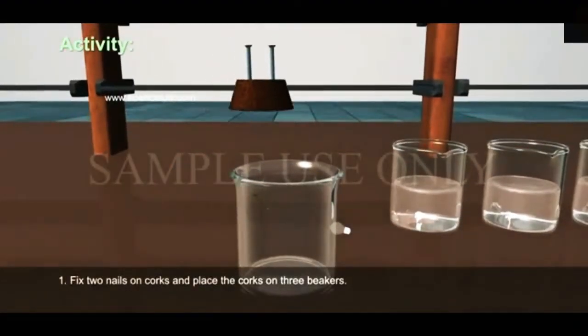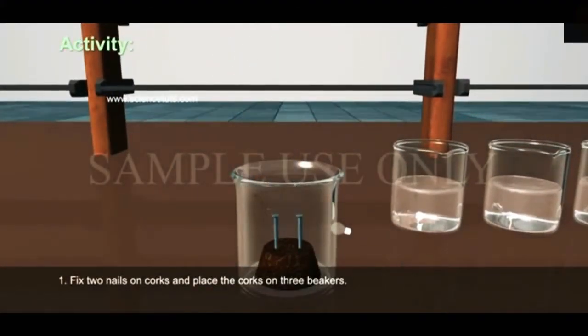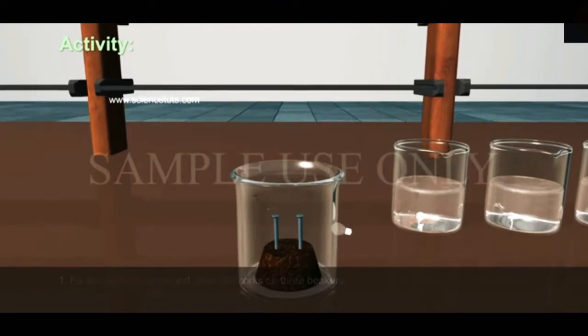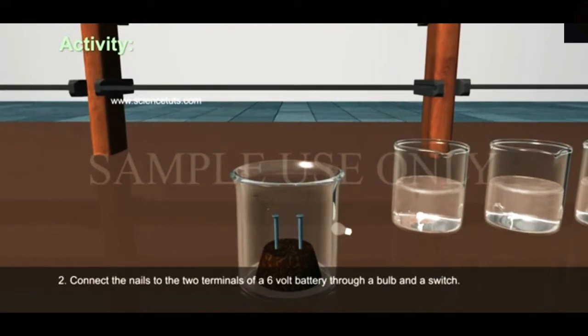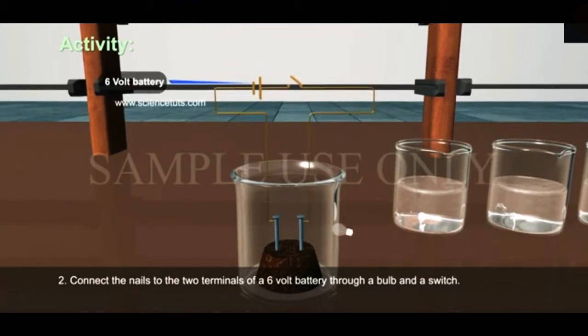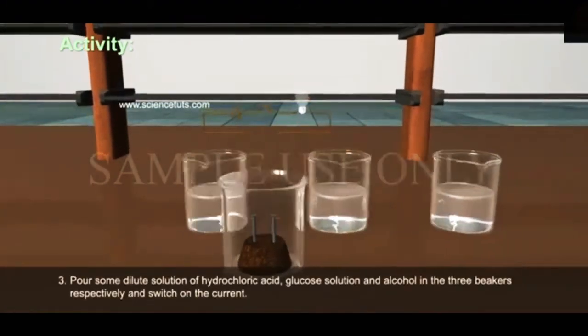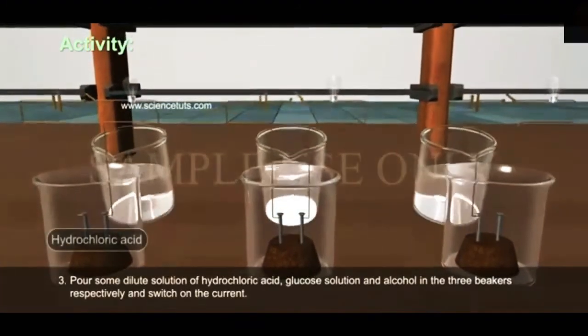Step 1. Fix 2 nails on a cork and place the corks on 3 beakers. Step 2. Connect the nails to the 2 terminals of a 6-volt battery through a bulb and a switch, as you can see here. Step 3.